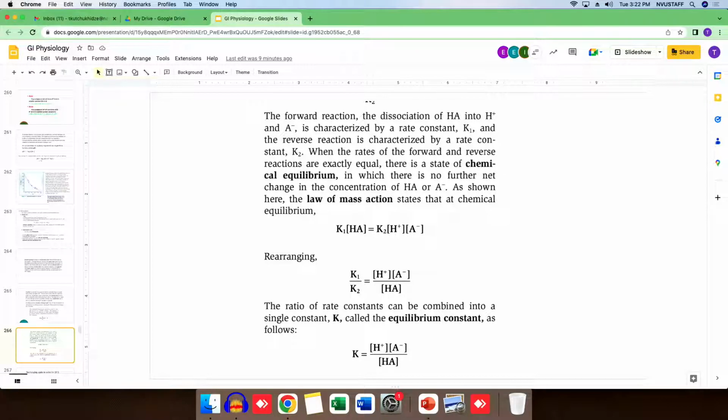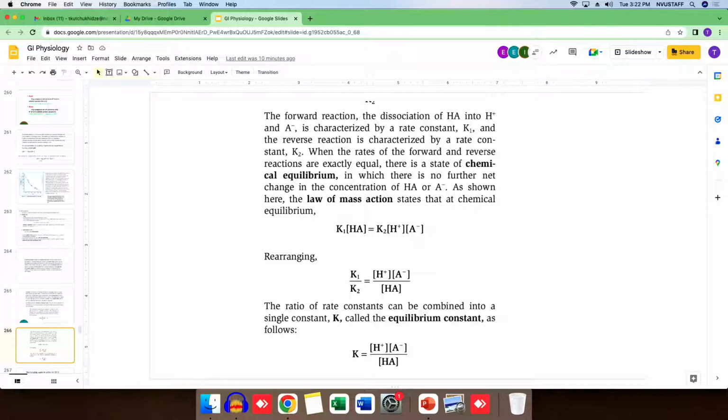We can say that K1 is the constant for HA, and it will be the same as K2, the constant for H multiplied by A minus, right? The first formula. Questions regarding that? No? It's basic math, guys. We just take the constant and multiply it, meaning that on both sides we have similar terms, right?